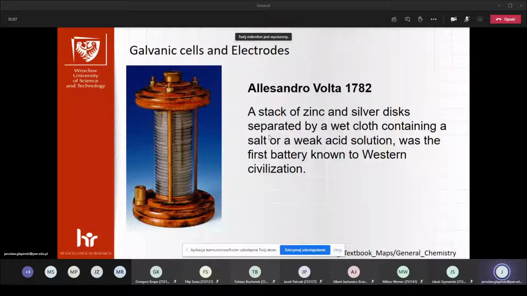And he discovered the fundamentals of the galvanic cells and electrochemistry, and he discovered how it works, and it was the first scientific basis of how it could work. Okay, so it was Michael Faraday.